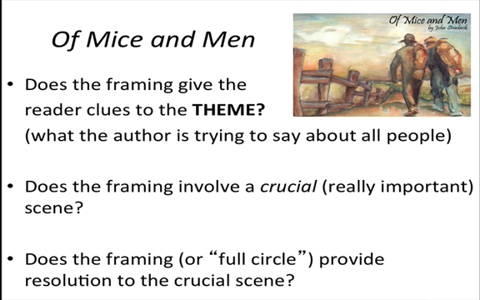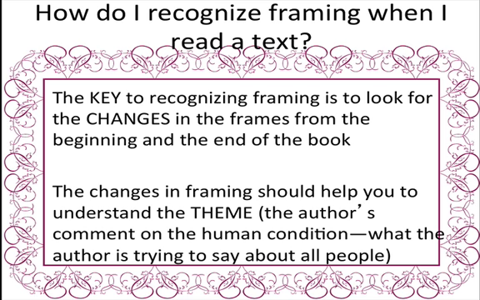The beginning sets up the fact that George takes care of his brother, and the ending scene sets up the fact that George has to ultimately kill him. And then finally, does the framing or full circle provide resolution to the crucial scene? Yes. When George kills Lenny, that provides the resolution about how we take care of the people that are close to us.